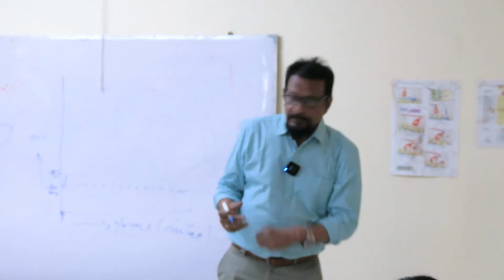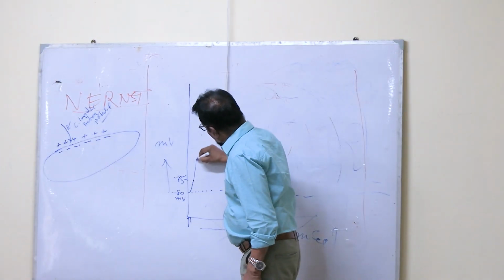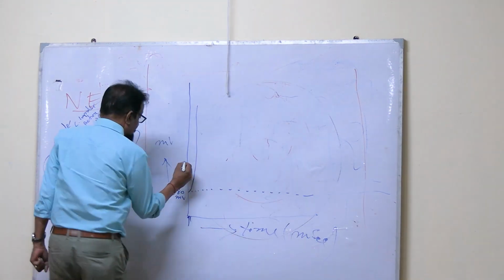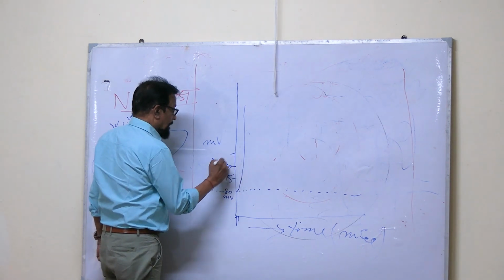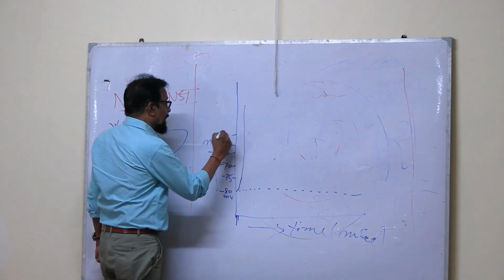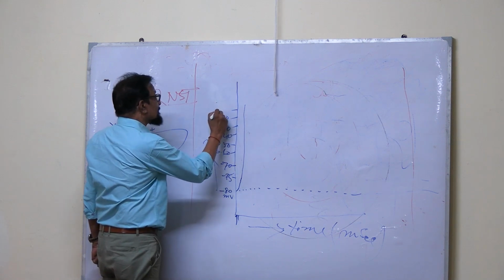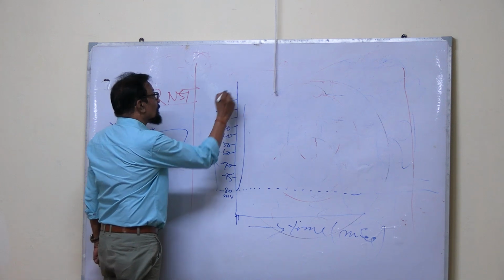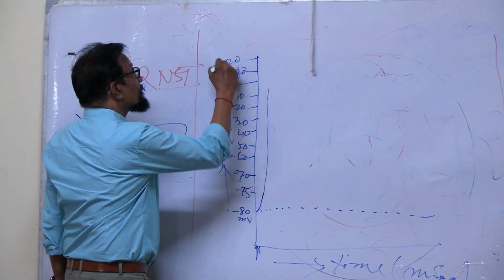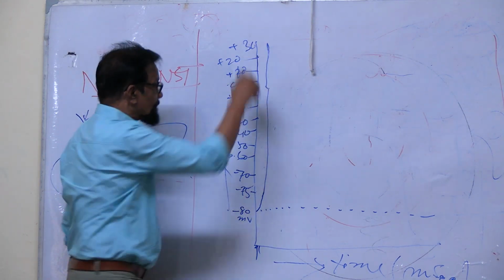As a result, there will be change from minus 75, minus 70, minus 60, minus 50, minus 40, minus 30, minus 20, minus 10, 0, plus 10, plus 20, plus 30.